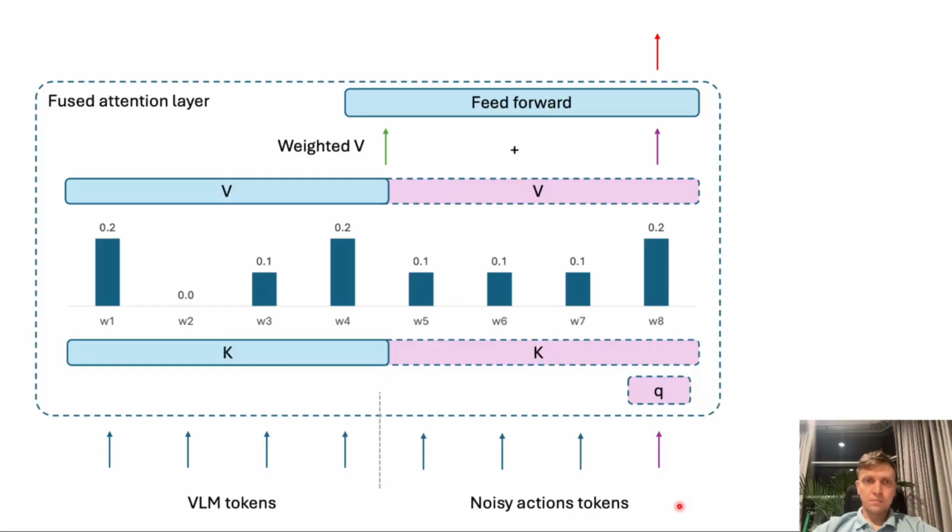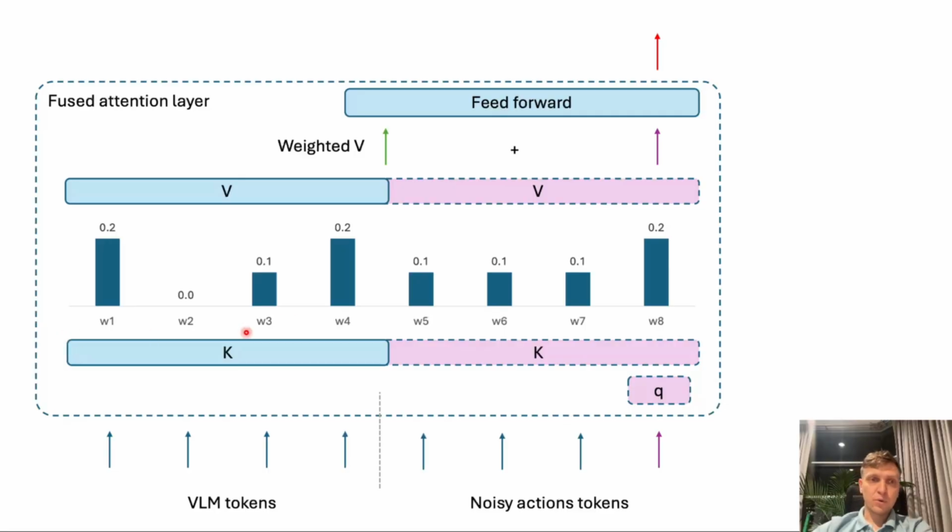And whenever you compute some weights and values for, let's say, this last vector representing the noisy action, then you look at everything combined. You compute keys for VLM tokens using one set of weights. You compute keys for your action tokens using another set of weights.